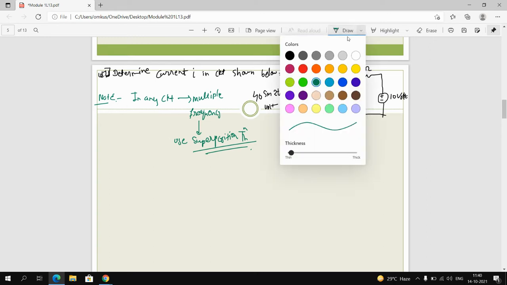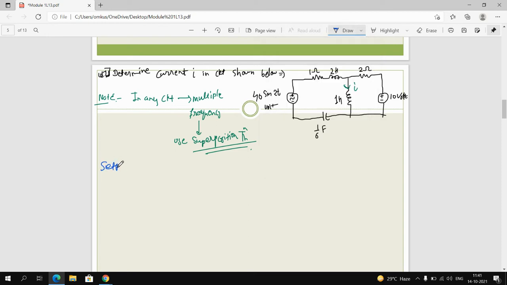Now what is step one for this? Step one is nothing but to deactivate this voltage source. I deactivate this DC source first. So what is the current in your circuit? Now see, this is in the form of sine omega t.